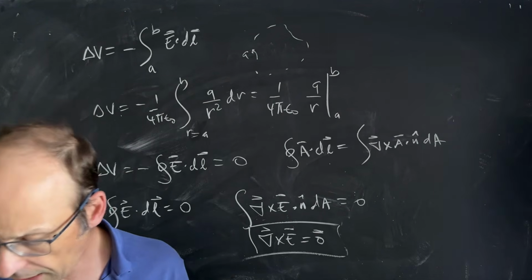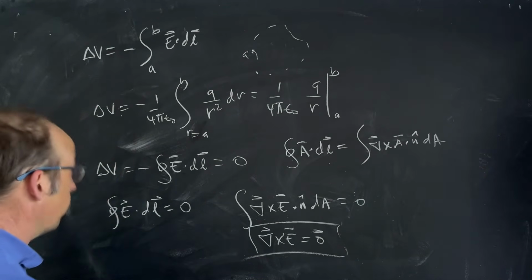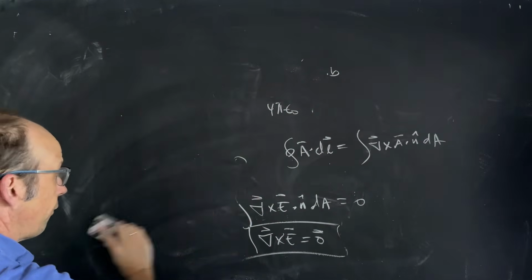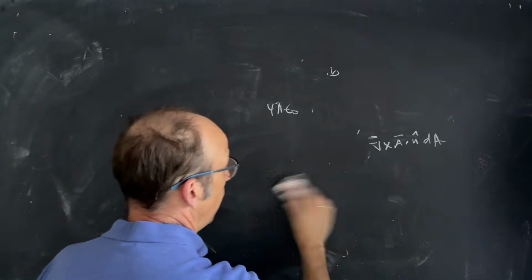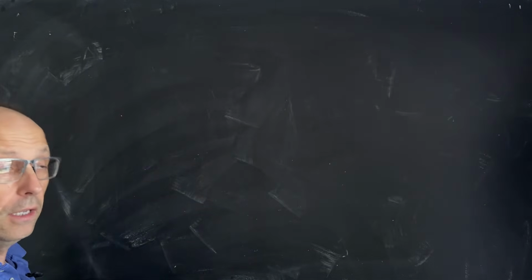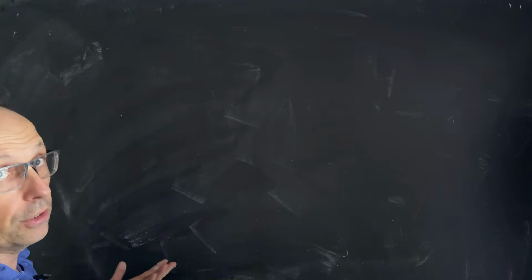Now, what if I have a charge distribution rho? How do I find the potential? Instead of finding a change in potential between 2 points, we pick one of the points as infinity. So we find the potential with respect to infinity, and we set the potential at infinity to be 0.